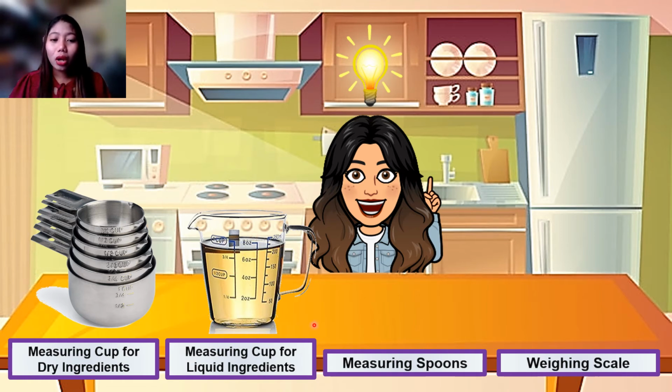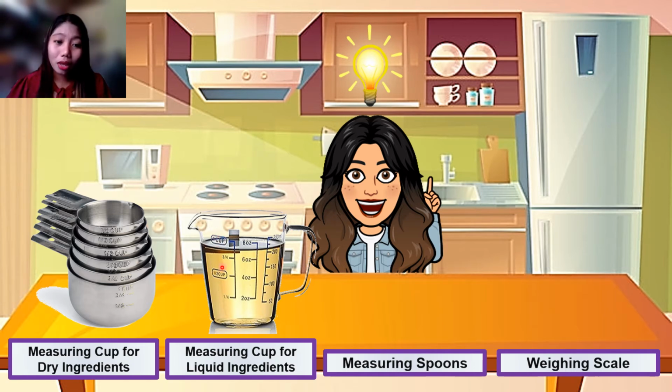Kung kailangan mo ng 1 cup of water, you just pour the water here and then wait until it reaches the line ng 1 cup. If you need ounce, kung ang nasa recipe ay ounce ang measurement, you can also have it here. Kung ml naman yan or milliliter, you can find it here. So in most cases, ang mga measuring cups for liquid ingredients natin ganyan.